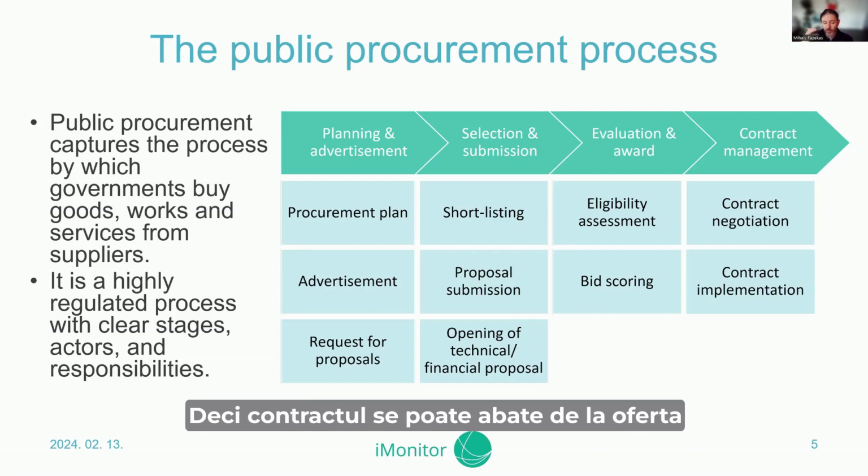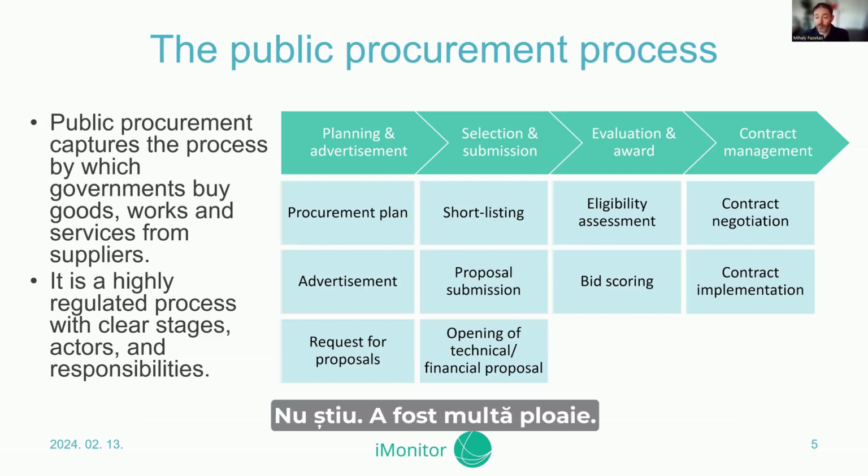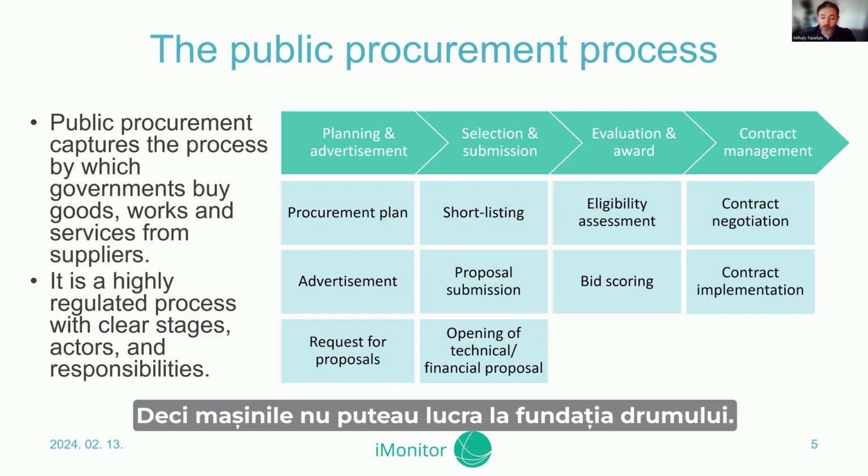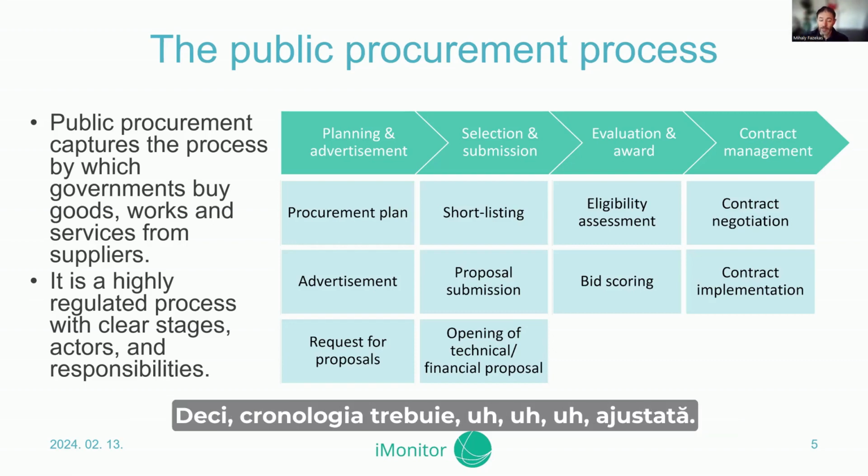So the contract can deviate from the submitted bid to some degree, or maybe the initial contract was identical to the submitted bid, but during the implementation some unforeseen events happened. I don't know, there was a lot of rain, so machines couldn't work on the foundation of the road, so timelines have to be adjusted.